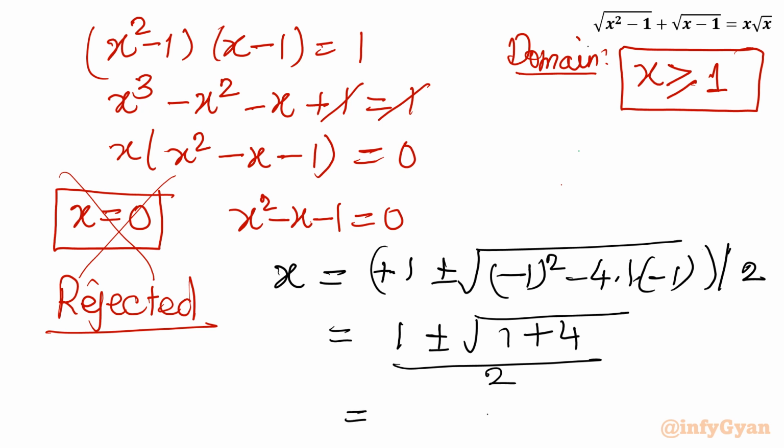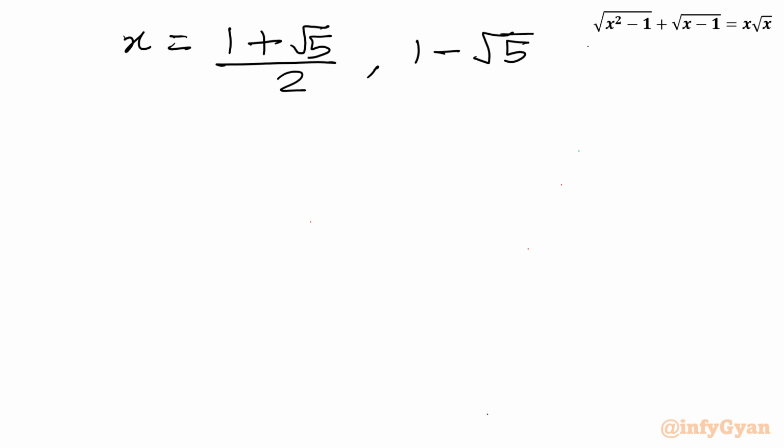Next, 1 plus minus square root 5 over 2. Let me write now both the solutions. Here x is equal to (1 + √5)/2 and the second solution is (1 − √5)/2.